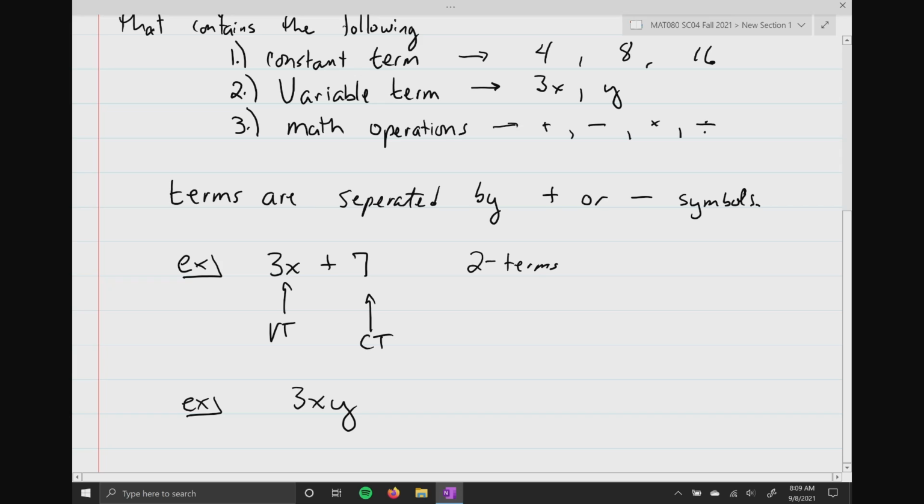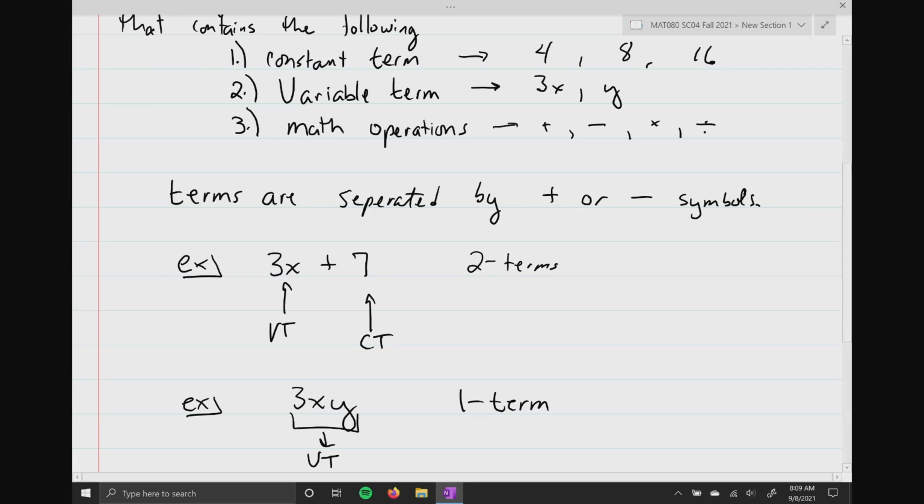Three times x times y only has one term, and the whole thing is a variable term. Okay, do we see the difference there? Because it's really important that we know this, and it's really easy to get wrong.